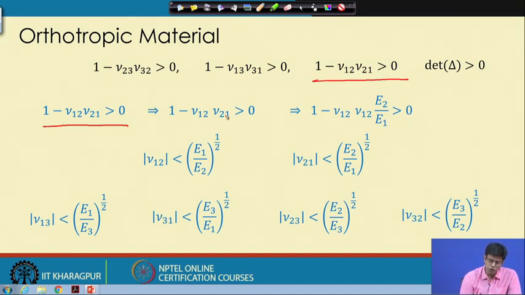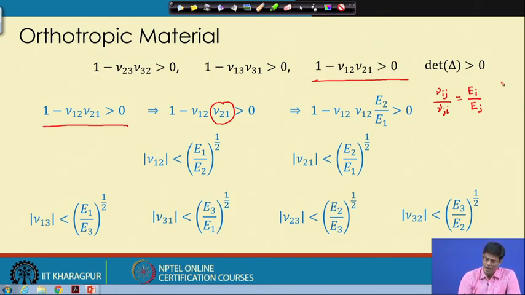It means that if I substitute in place of nu21 the reciprocal relation, we know the reciprocal relation, which is nu_ij by nu_ji equals E_i by E_j. We have learned in the previous class, this is the reciprocal relation of the constitutive matrix in terms of engineering constants for an orthotropic material.